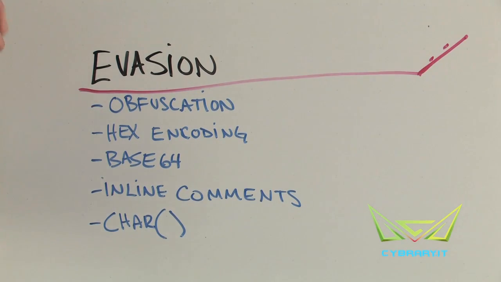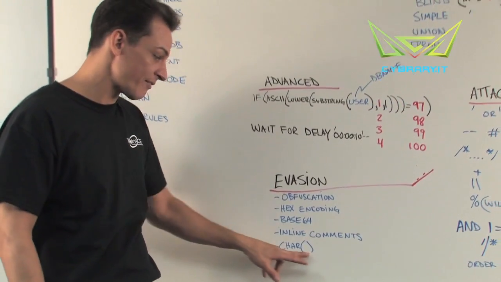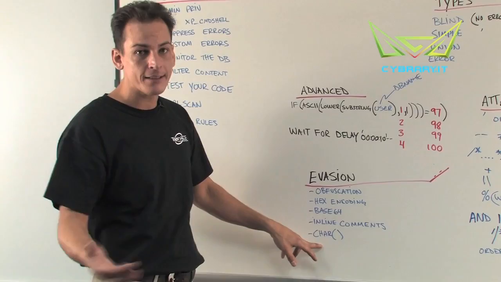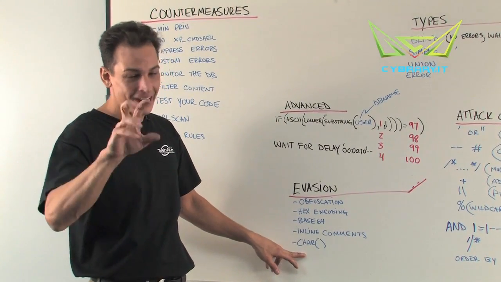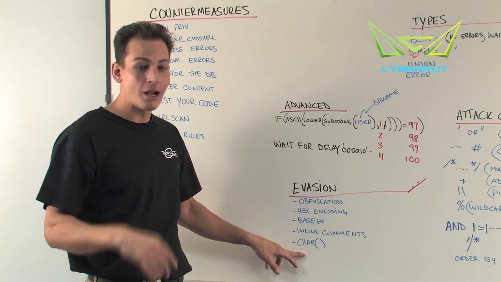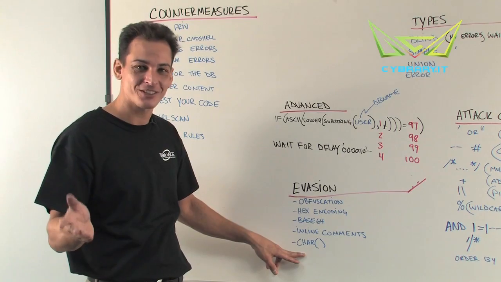Well, you're just obfuscating and trying to bypass their input validation filters. Or you can use character encoding, which is one of my favorite techniques. It's a little bit lengthy to do, and it does require you to think in character language. But after a while, you can start thinking in 47, 32, 117, etc.